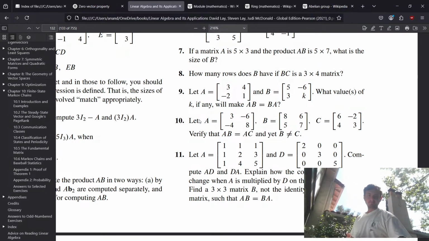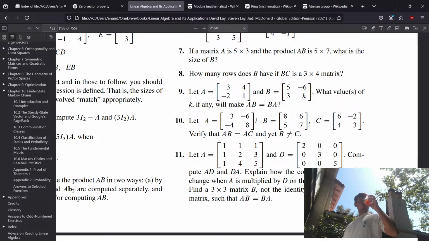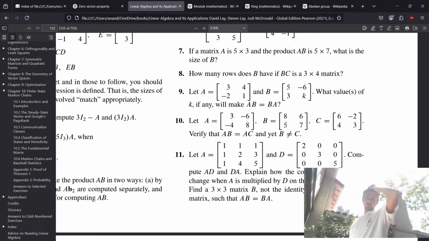So first thing to notice though, is that the columns of A are not linearly independent. If you multiply the first column by -2, you get the second column.